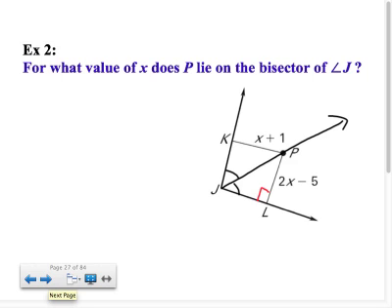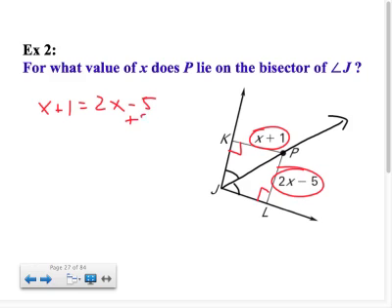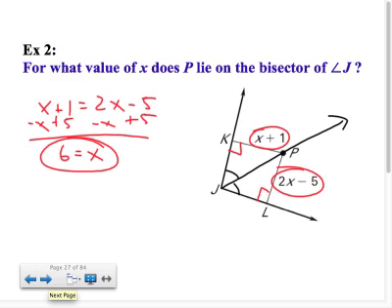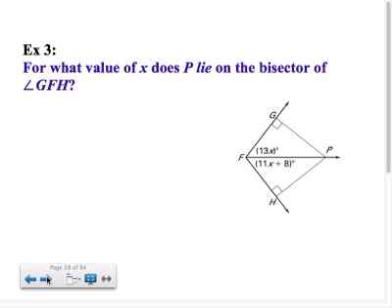So if this is a 90-degree angle and that's a 90-degree angle, the only way for P to lie on it is if x plus 1 and 2x minus 5 are the same thing. So x plus 1 and 2x minus 5 must be equal. I'm going to add 5 and subtract x from both sides. So you get 6 equals x. So x would have to be 6 in order for point P to lie on the angle bisector.